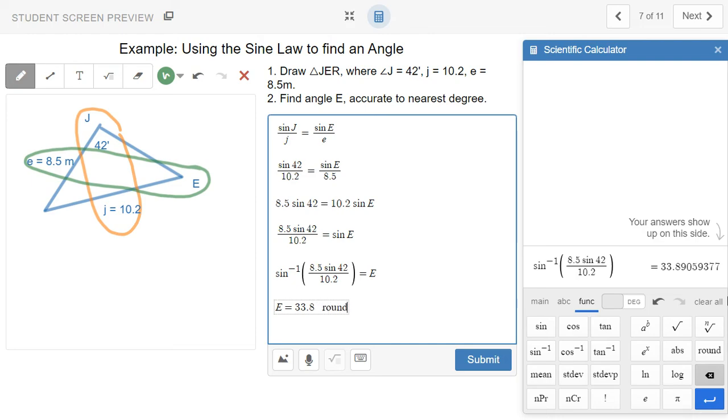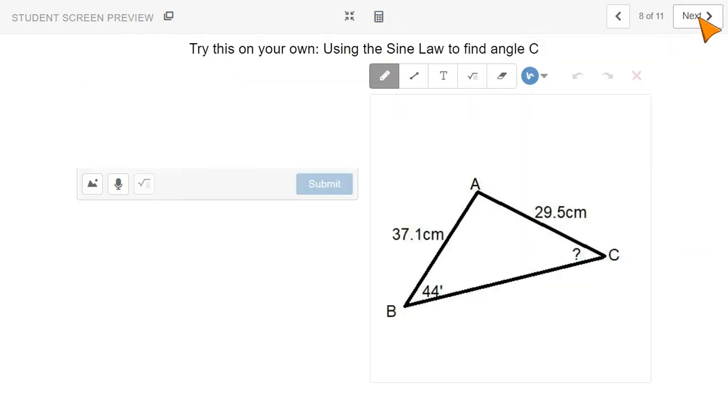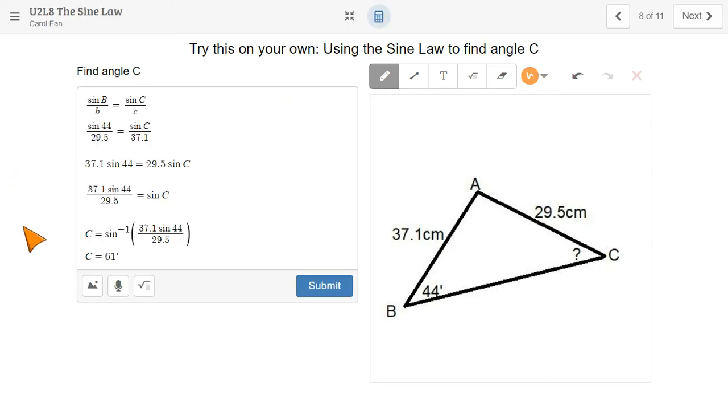But since we're rounding it, we're going to round to 34 degrees. All right, pause the video again. Try to find angle C. Here's the solution for angle C.